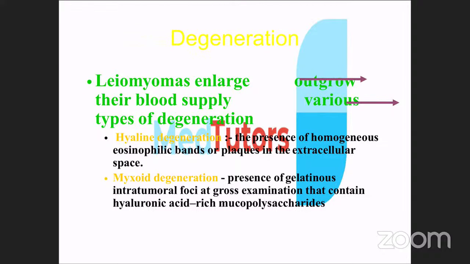What differentiates this degeneration from the others is that when you stain, you have eosinophilic staining, which means the tissues stain better with eosinophilic stains. You can also have myxoid degeneration, in which there's gelatinous intratumoral foci at gross examination because it contains hyaluronic acid-rich mucopolysaccharides.